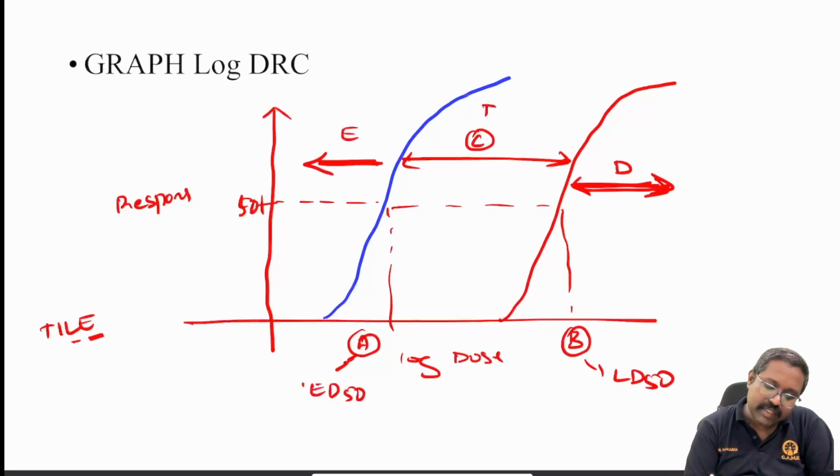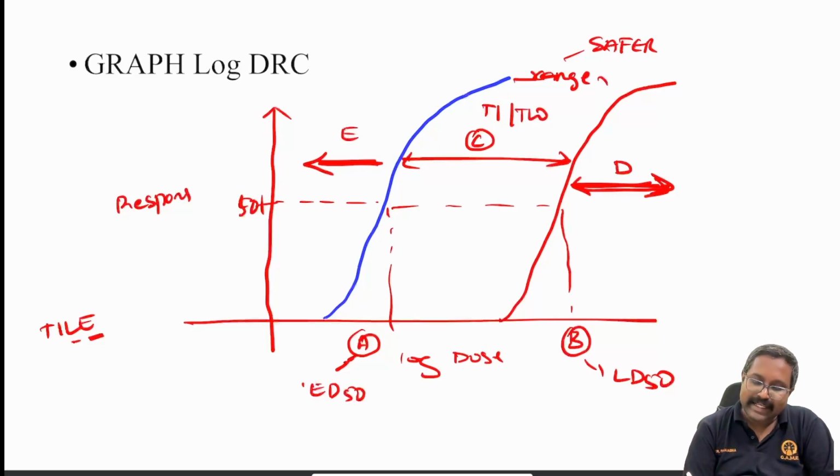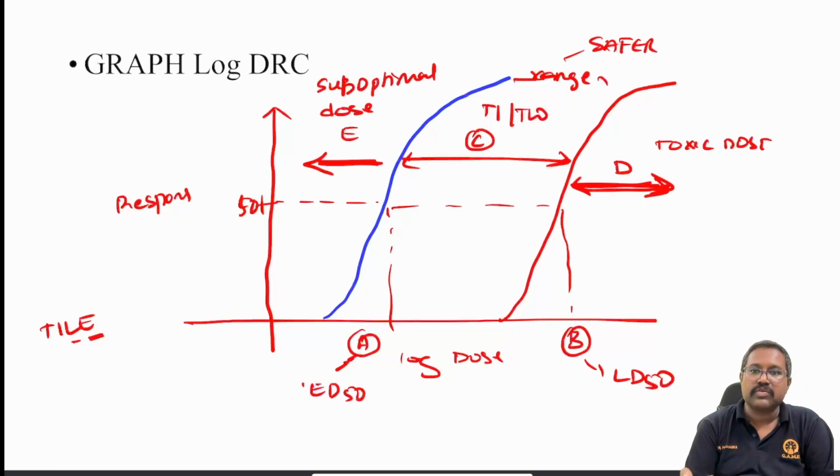This is the therapeutic index or the therapeutic window, or you can call it the therapeutic range. That is the safer range of the drug. What will D be? D is the toxic dose. And E will be your suboptimal dose. Is that clear?